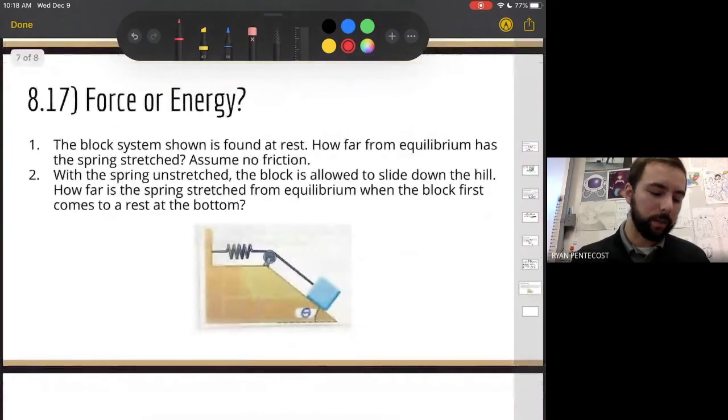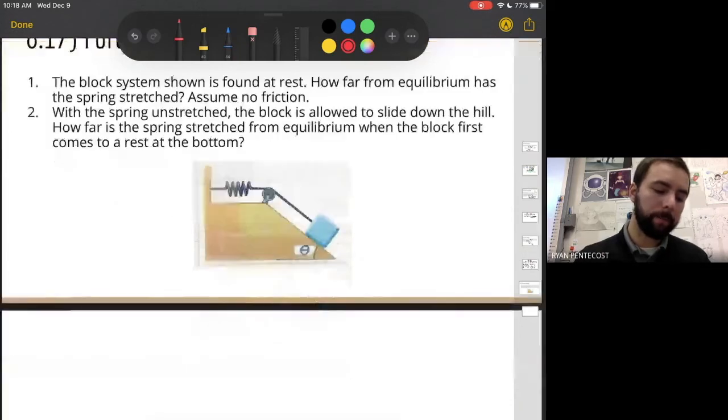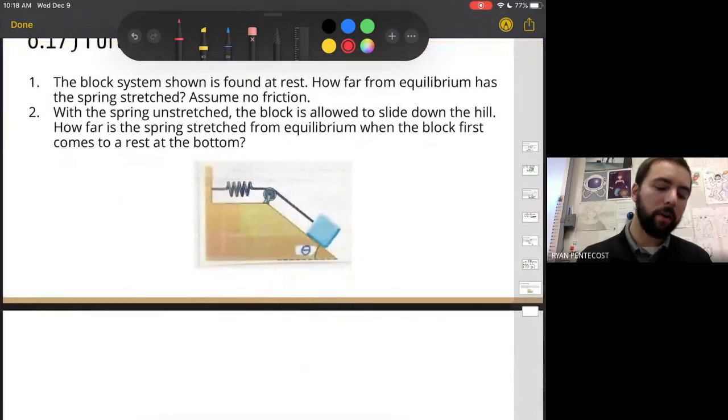So last one. We're actually going to do both here, just to prove our point, right? The block system shown is found at rest. How far from equilibrium has the spring stretched? Assume no friction. So we're just looking how far it stretched, it came to rest, okay?